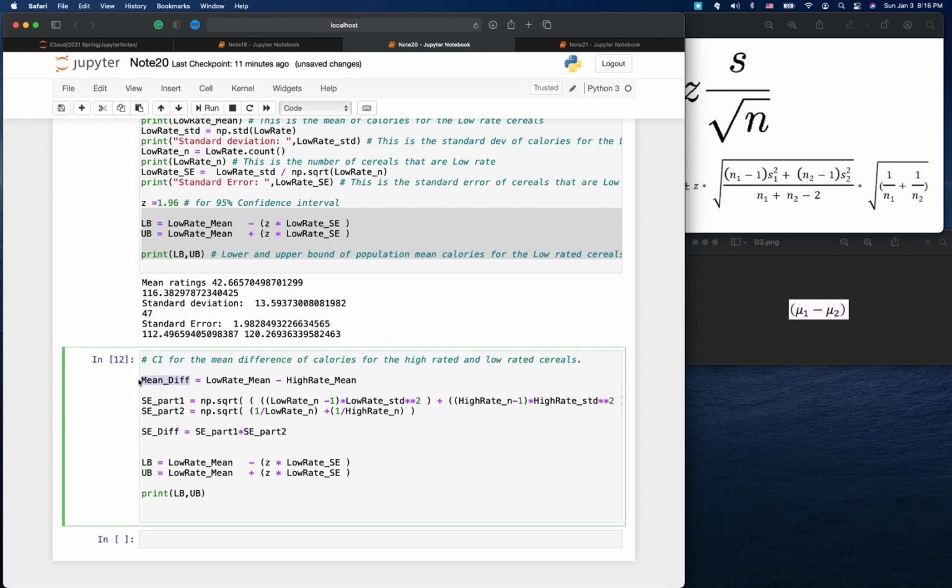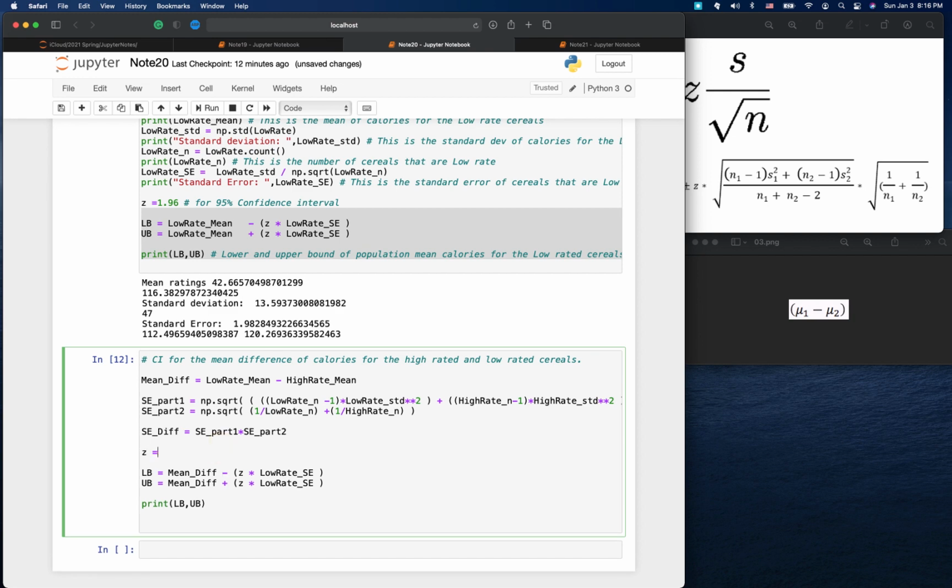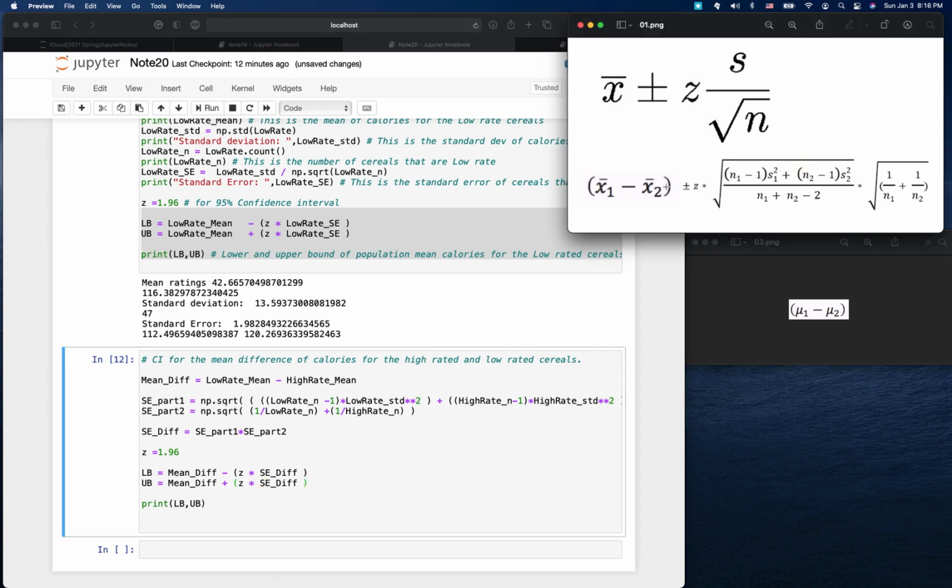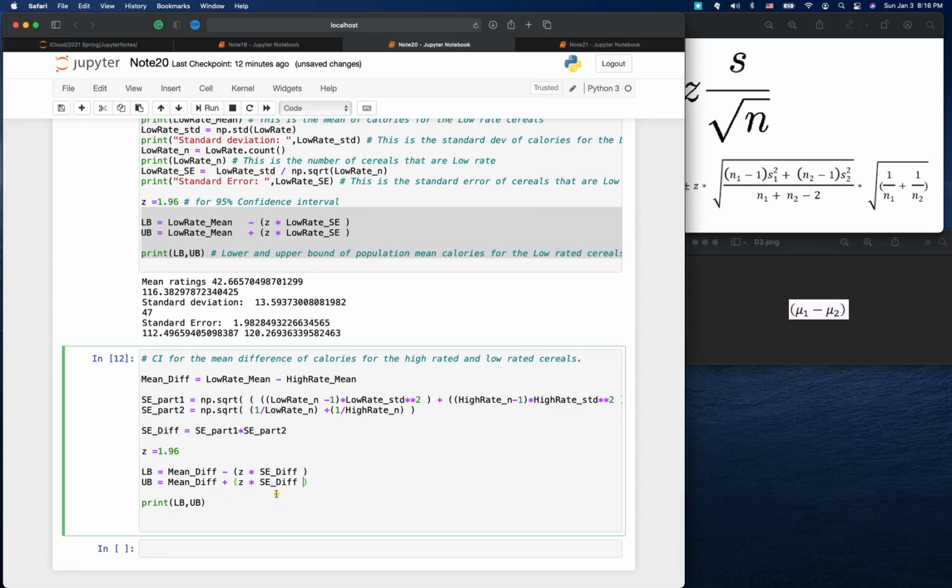I'm going to use the mean difference for each of the formulas, and then z is equal to 1.96, and then the standard error difference is this one. Okay, so this is the formula: mean difference plus or minus z multiplied by the standard error difference.